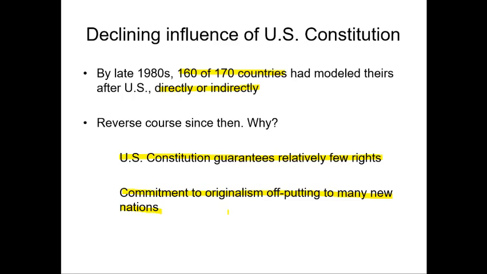Even in our own country we're debating whether the Constitution as written should predominate, whereas a lot of these countries in the world are trying to adapt to the world as it is today, and they're saying that your originalist idea of a constitution is not applying to us as much anymore.